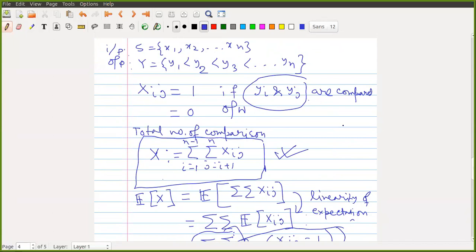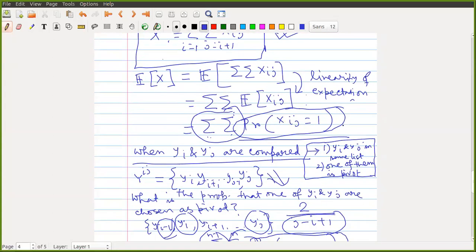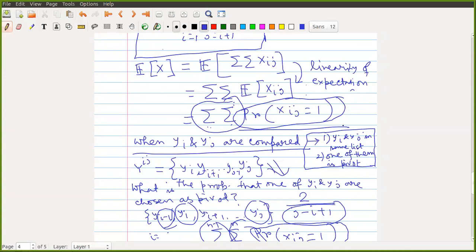A suitable choice of random variable does half the work. Once you understand this is how we pick these random variables, the rest is not very difficult, except for the fact of when y_i and y_j will be compared.